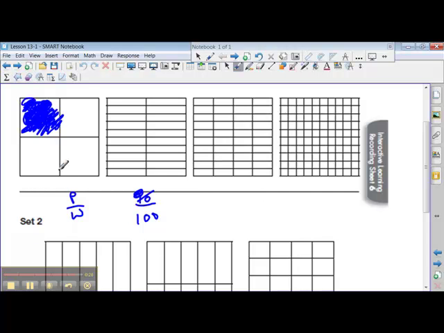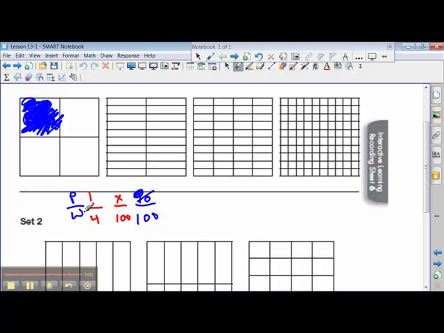So there is one part that is blue. That is our part. And the whole parts there are 4. We have 4 parts at 1, 2, 3, 4. So 1 out of 4 is blue. And we want to know what percent, so we don't know what that is, of 100. What part of 100 is 1 out of 4?